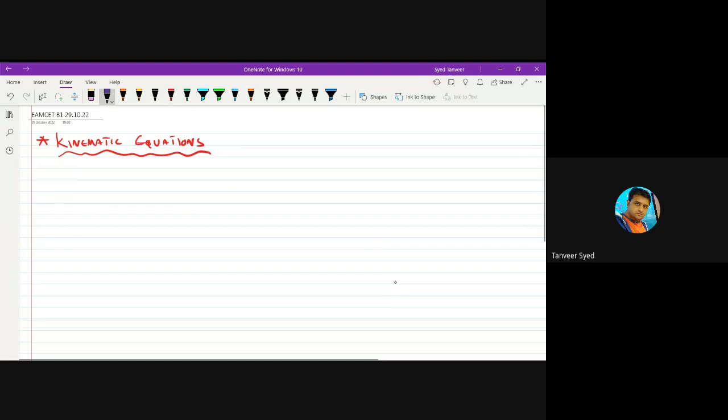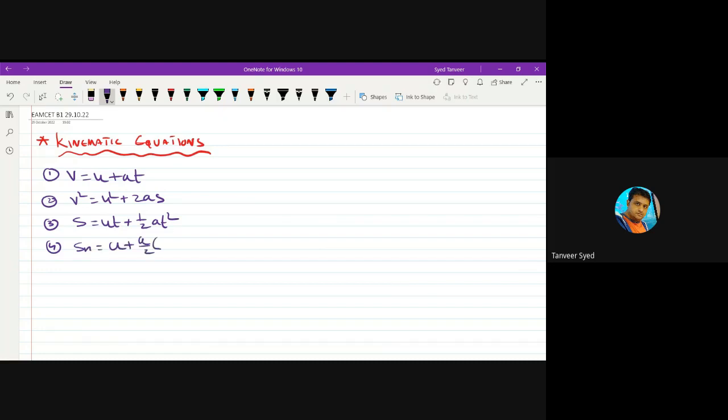We have these four equations: v equals u plus at, v squared equals u squared plus 2as, s equals ut plus half at squared, and Sn equals u plus a by 2 into 2n minus 1.